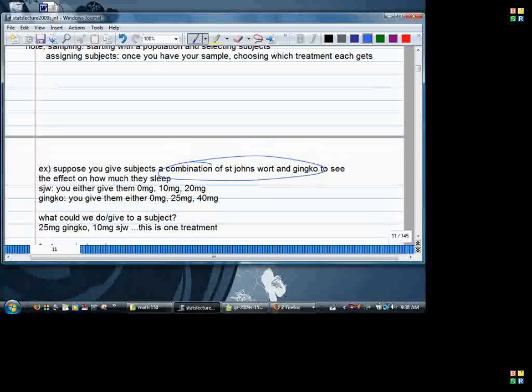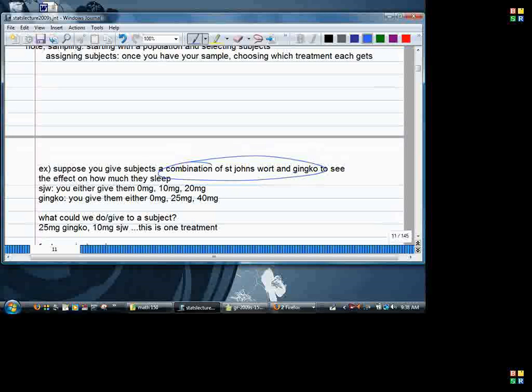Okay, so in a second I'll give you a very clever and straightforward way to answer this question. First, statistics. What are the factor or factors in this experiment? Right. The St. John's wort and the ginkgo are the factors.